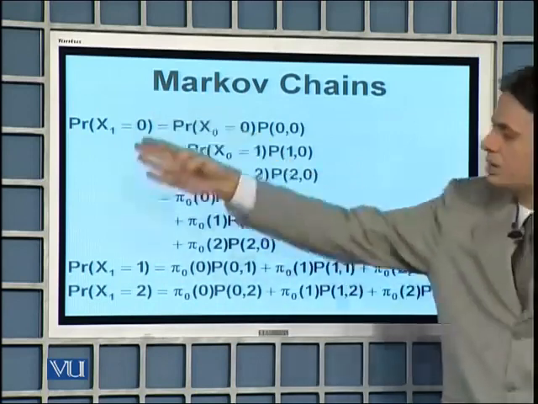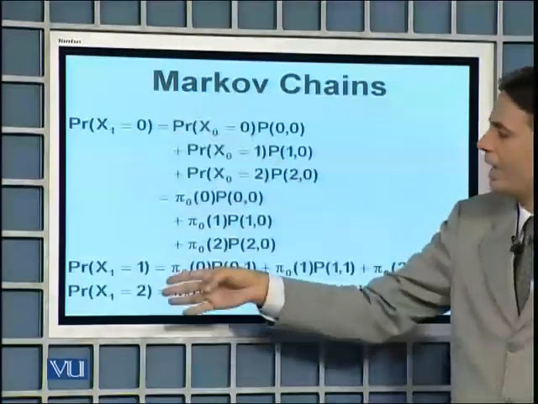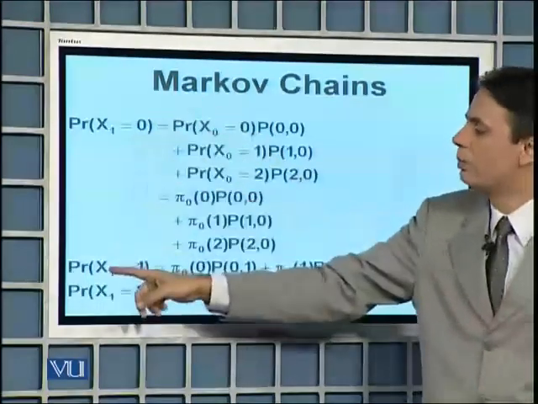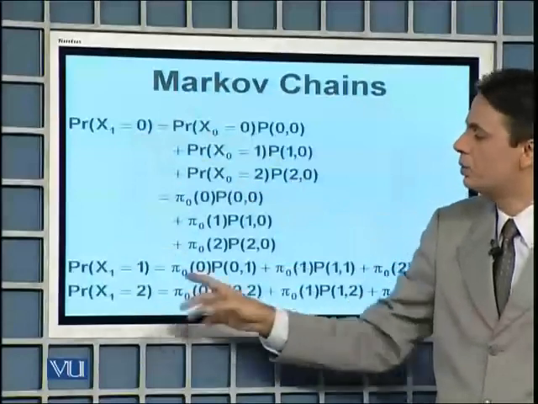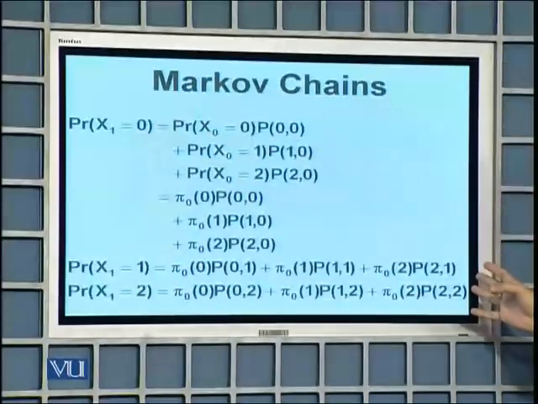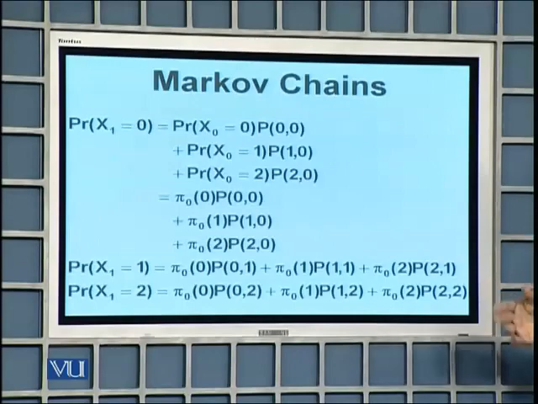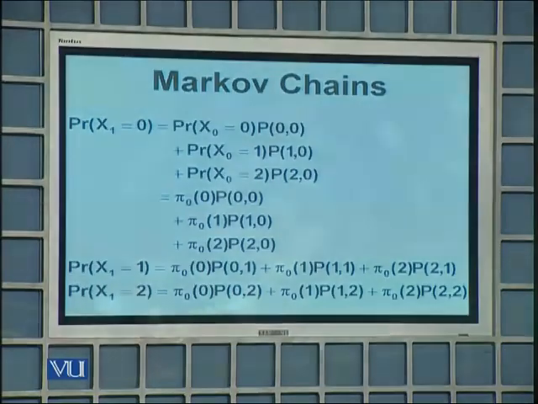If you know this, you can certainly use it as pi 1 of 0, pi 1 of 1, pi 1 of 2, and all these transition probabilities to find the probabilities of this Markov chain being in a certain state at the second sampling interval, and so on.